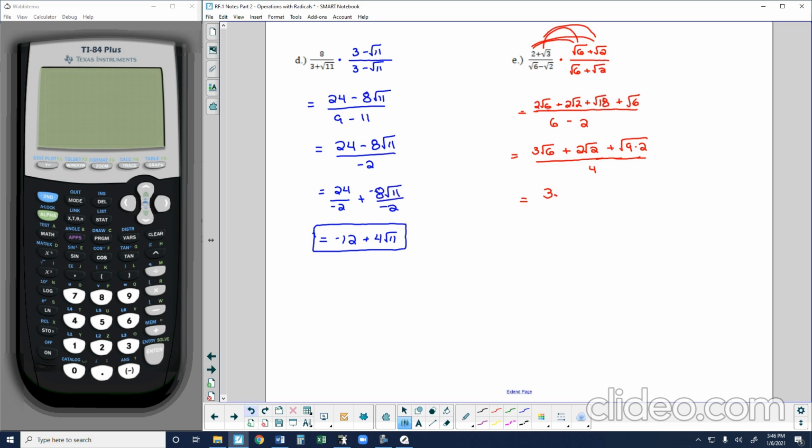Simplifying the numerator further, I have 3 roots of 6 plus 2 root 2, and root 9 times 2 would become 3 root 2. I can simplify just a little further here. I have 3 roots of 6 plus 2 root 2 plus 3 root 2, which would be 5 root 2. All of this would be over 4, which I could split into two fractions if I wanted to, but neither fraction would simplify, and so that could be our final answer.